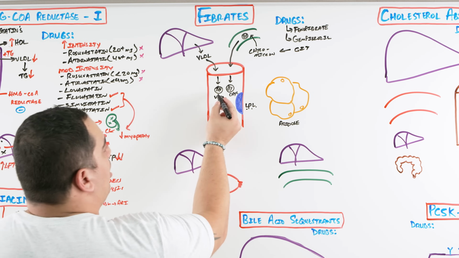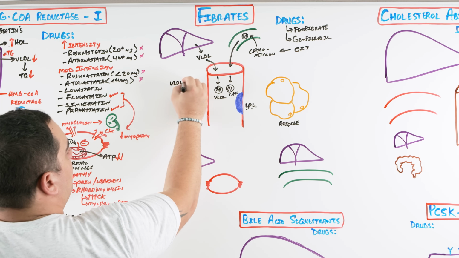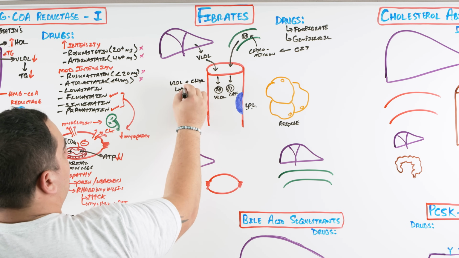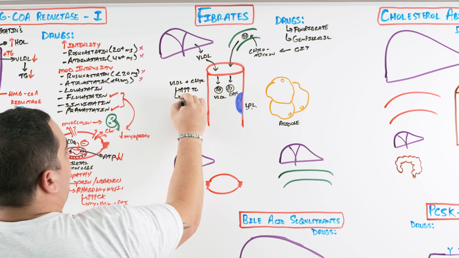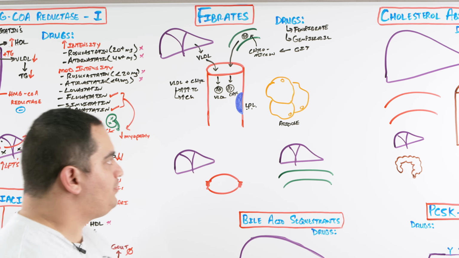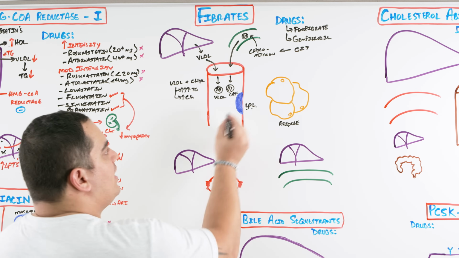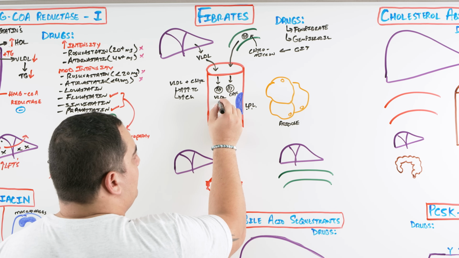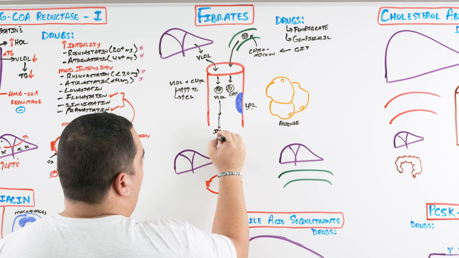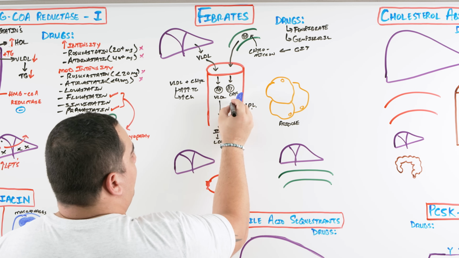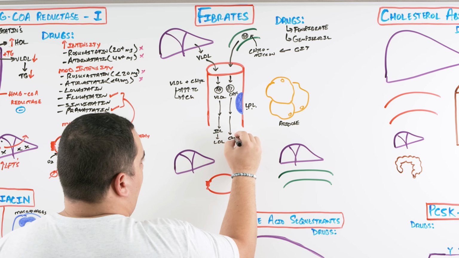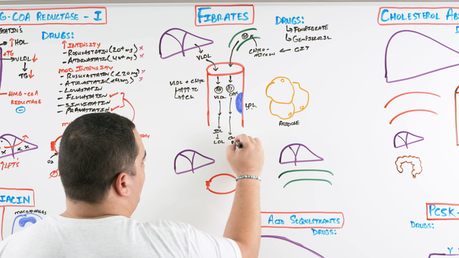And again, if you look at the VLDL and the chylo, we know that they carry tons and tons of triglycerides. They carry cholesterol, but not as much as they do triglycerides. Now, this enzyme, when it's active, it takes from the VLDL. We know that the VLDLs will eventually get converted into IDL and then into LDL. And we know that chylomicrons will eventually get converted into something called chylomicron remnants, right?